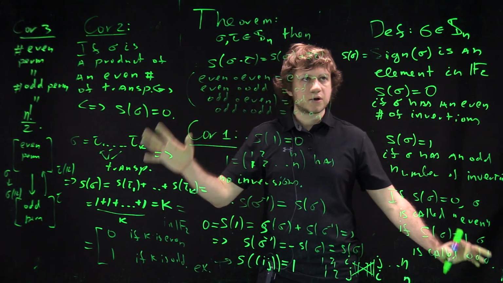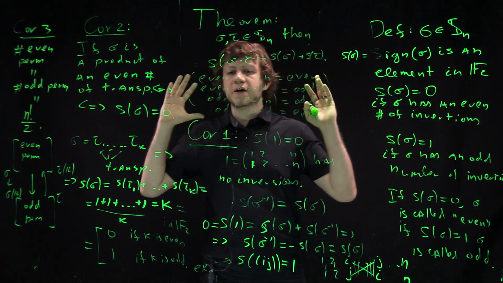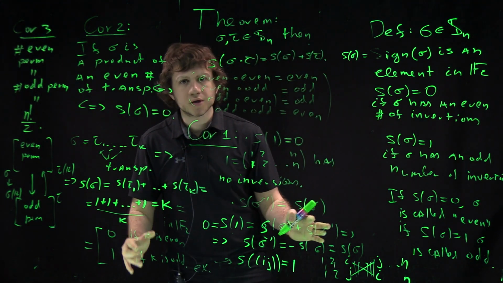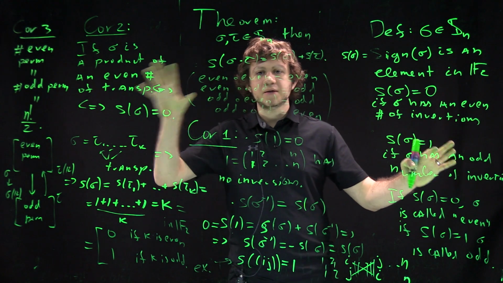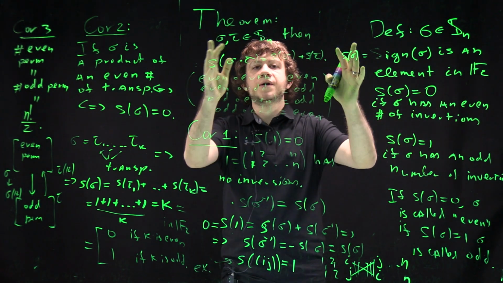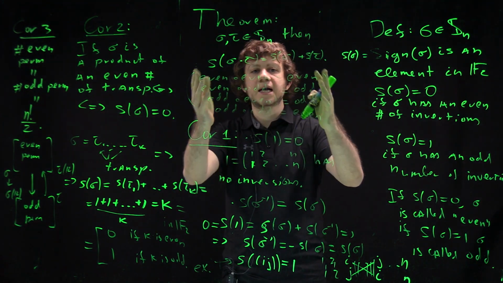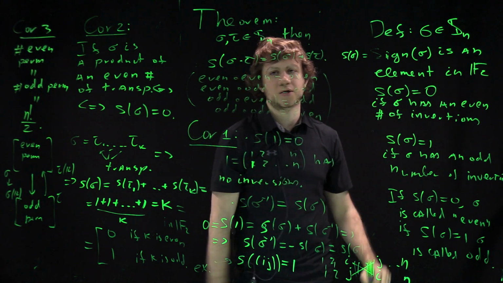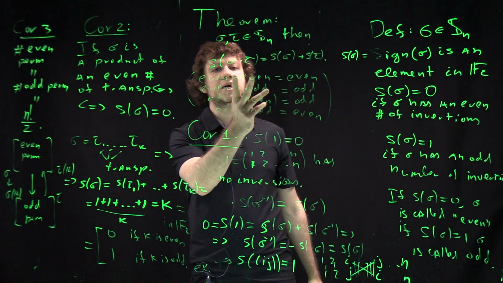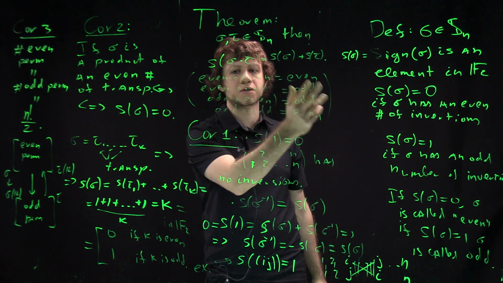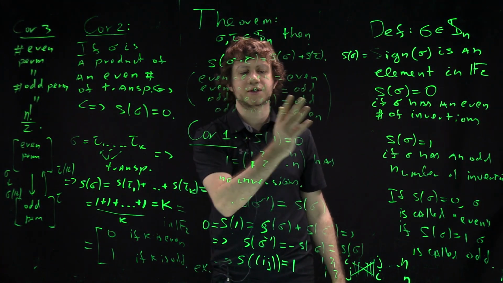So, to summarize this part, there is a very important notion of a sign of a permutation, and there are 2 types of permutations, even and odd, and the main property is that when you compose permutations, signs add according to this modulo 2 arithmetic. Even plus even is even, even plus odd is odd, odd plus even is odd, odd plus odd is even.